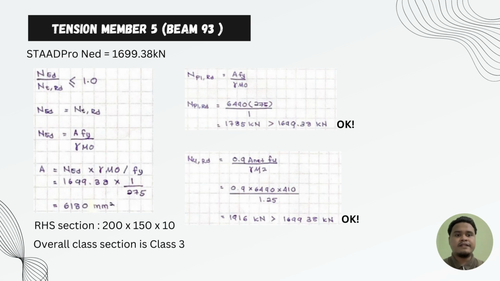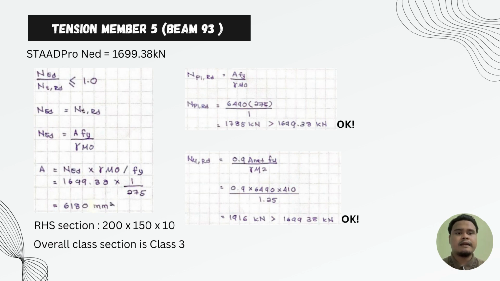Next is tension member 5. We choose the beam 93. The NED we get from StatPro is 1699.38 kilonewton. The first step is we do preliminary design. So we get the area is 6180 millimeter square.